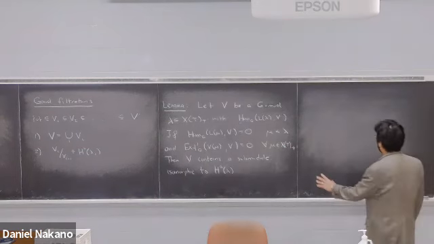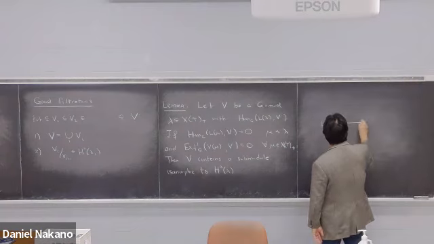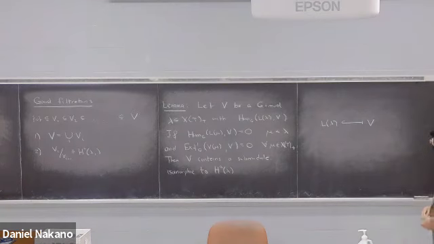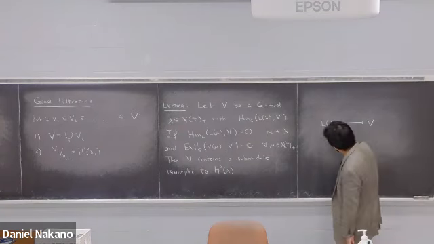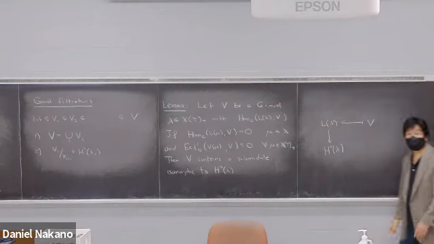So the idea is the following. I have this L(lambda), and it's contained inside of V, inside the socle. Now we also know that L(lambda) appears in H0(lambda) as a socle also.